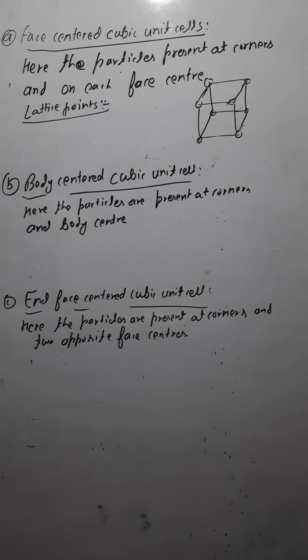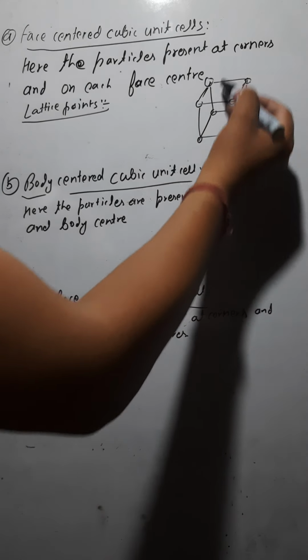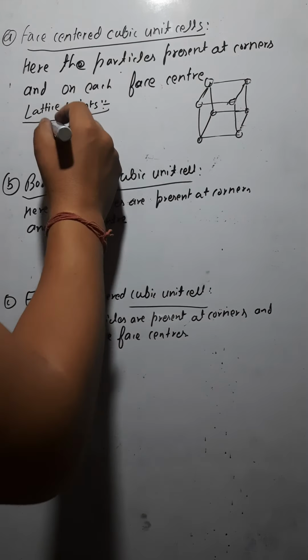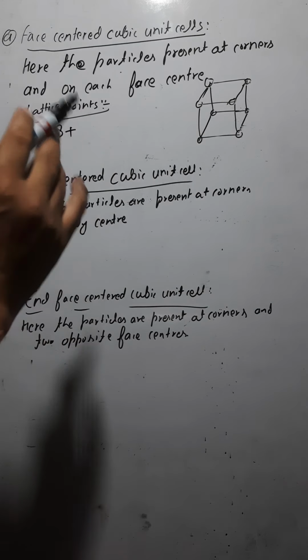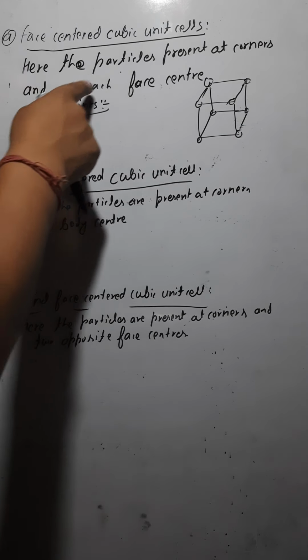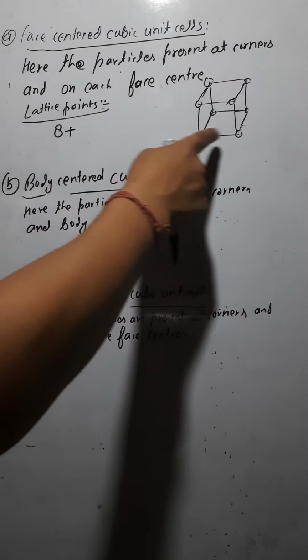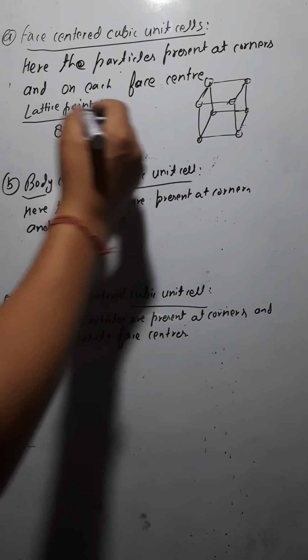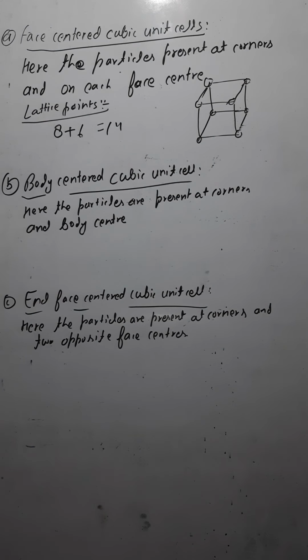If you see, the particles are present at 8 corners, and beside 8 corners you have the particles on each face center. How many faces here? 6 faces. So you have particles at 6 face centers. So total lattice points would be how much? 14. So there are 14 lattice points in case of the face centered cubic unit cell.